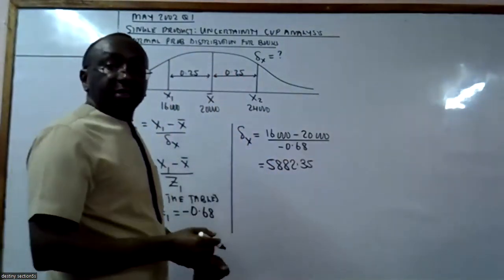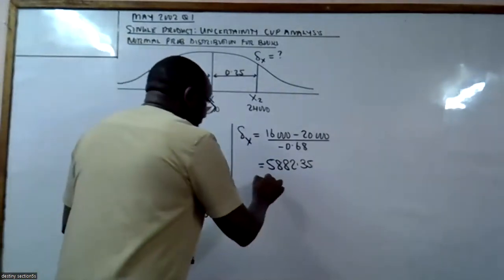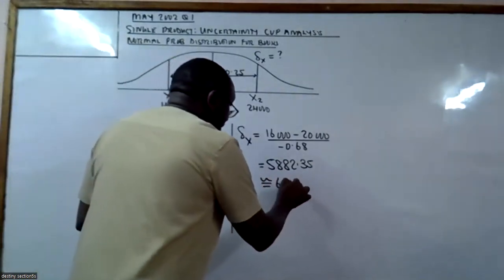Now, in terms of thousands, if you round up to the nearest thousands, this will be approximately equal to 6,000 units.